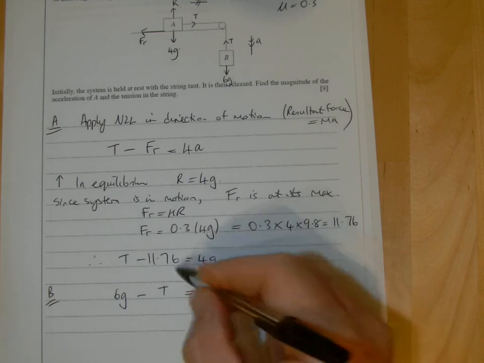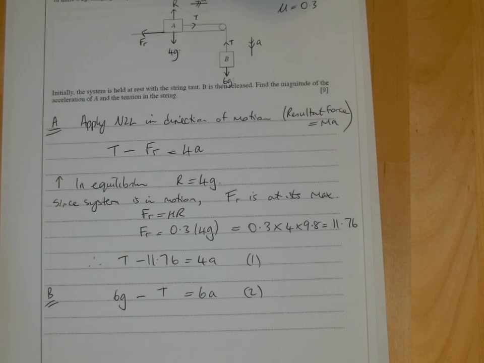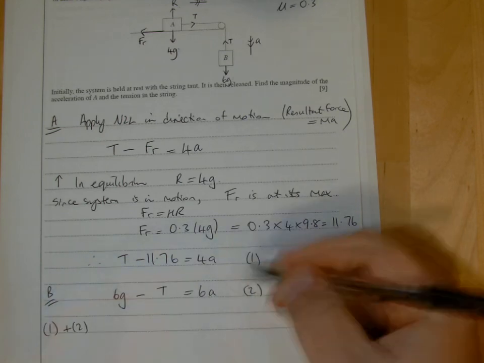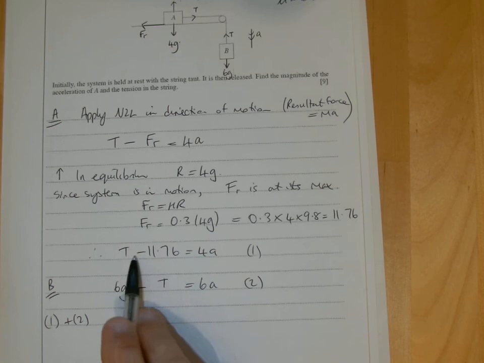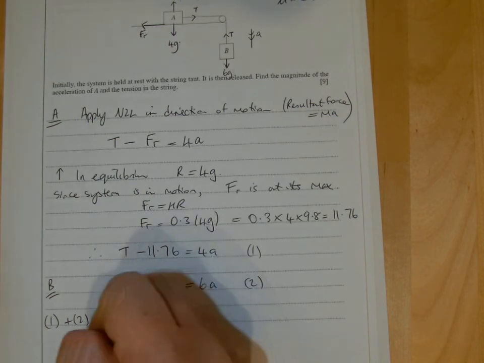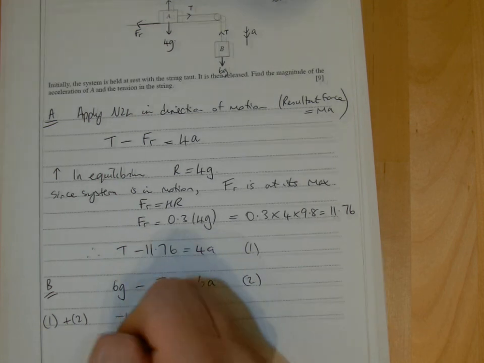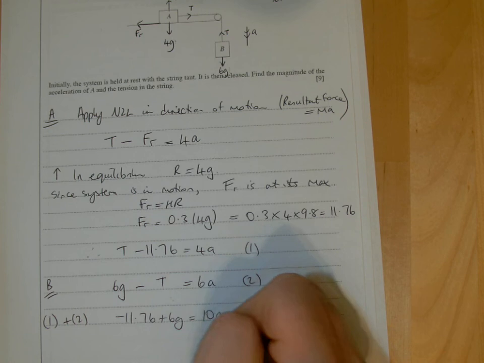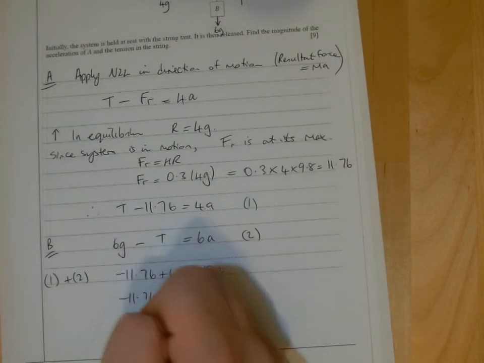So you've got two equations, 1 and 2, and we can add 1 and 2. Because we're solving them simultaneously, you'll notice the tensions will cancel when I add them. So I've got T minus 11.76 add 6g minus T, the T's cancel, so I've got minus 11.76 plus 6g, which equals 10a.